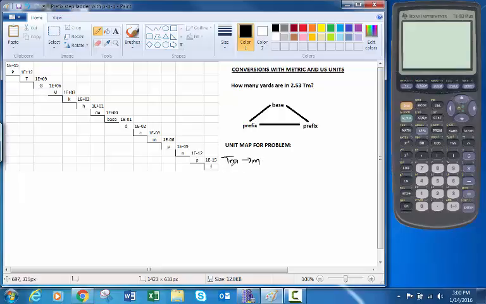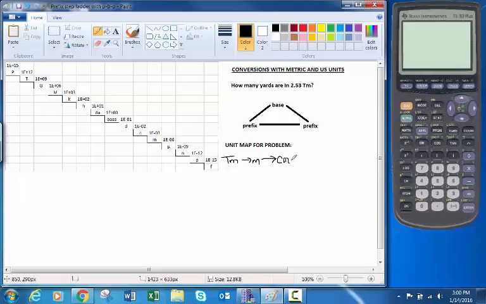So we know that we can go terameter to meter. We know eventually we want to end up with a US unit, and we know that in order to get to a US unit, we need centimeters. So that's going to be the next unit that we convert to.